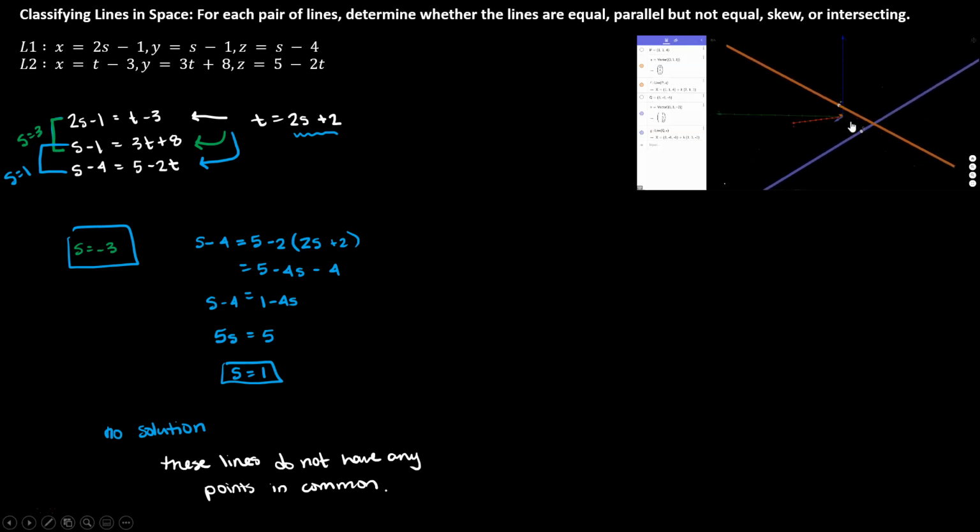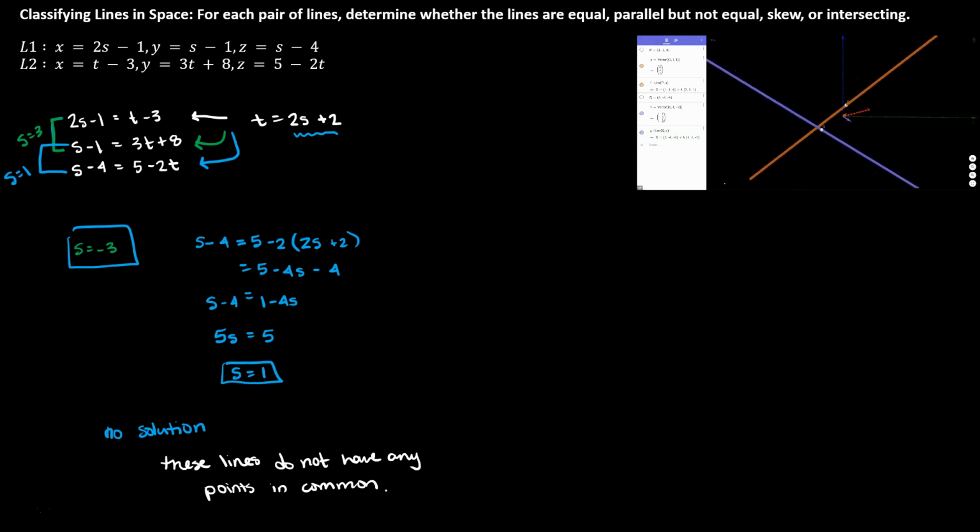And if I allow that animation to play, we can see that in fact those lines are not intersecting. There's space between them. So these are skew lines. They're not equal, they're definitely not parallel, they don't intersect, therefore they have to be skew.